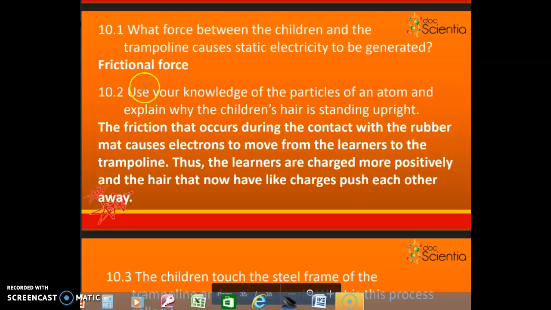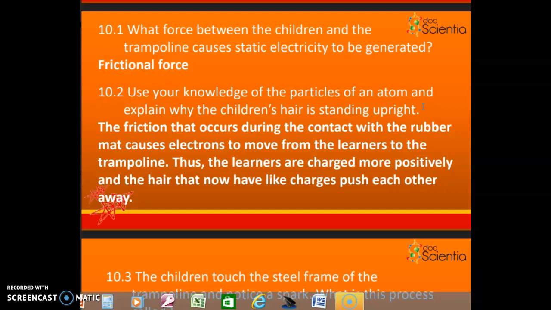Number 10.2. Use your knowledge of the particles of an atom and explain why the children's hair is standing upright. So the friction that occurs during the contact with the rubber mat causes the electrons to move from the learners to the trampoline.